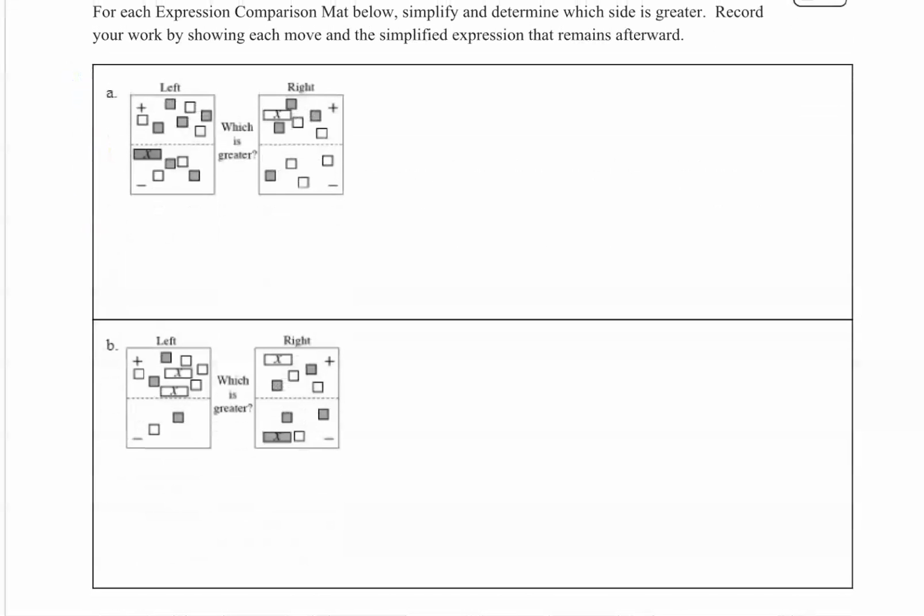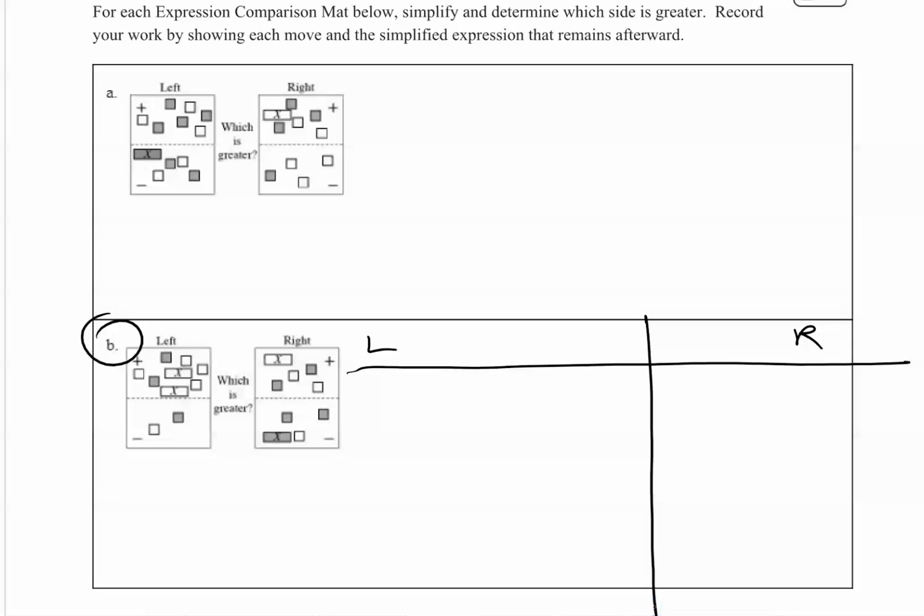51. Which one's greater? Let's do B. Make your little table. On the left side we've got -2x tiles. We have 2 tiles plus 4 little negative unit tiles. In the subtraction region, we've got -1 tile, but also -1.